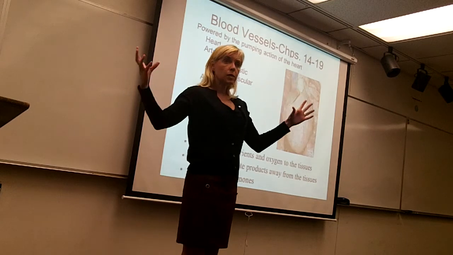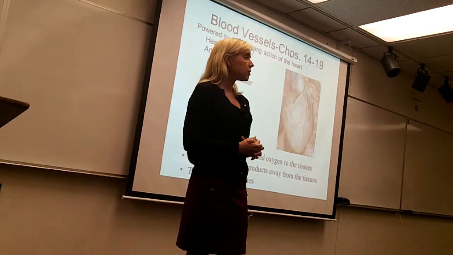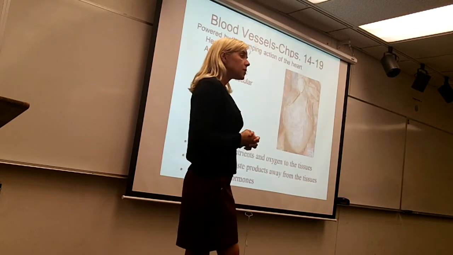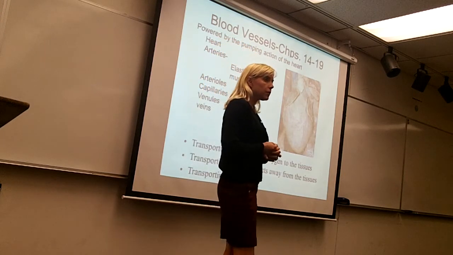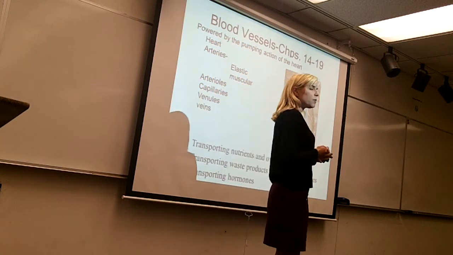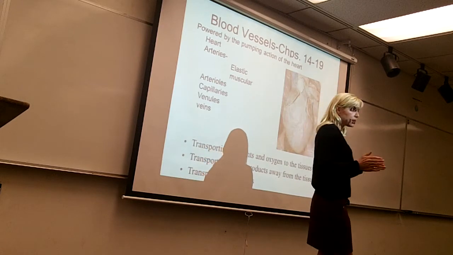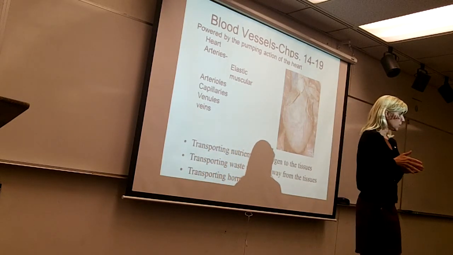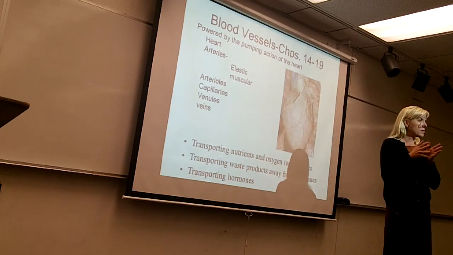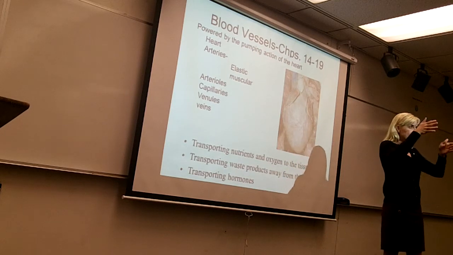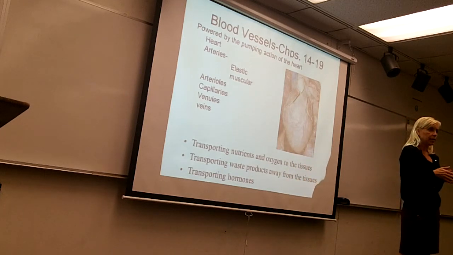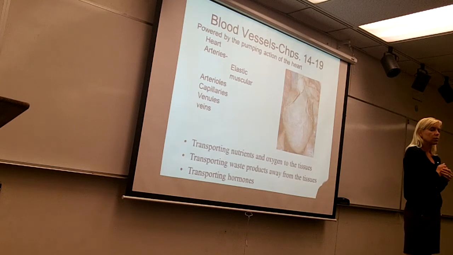Moving away from those elastic arteries, we're going to have muscular arteries. Muscular arteries still have elastic fibers, but their elastic fibers are arranged as sheets, actual layers. They have a sheet of elastic tissue surrounding each side of the tunica media, and I'll be sure to point that out to you.